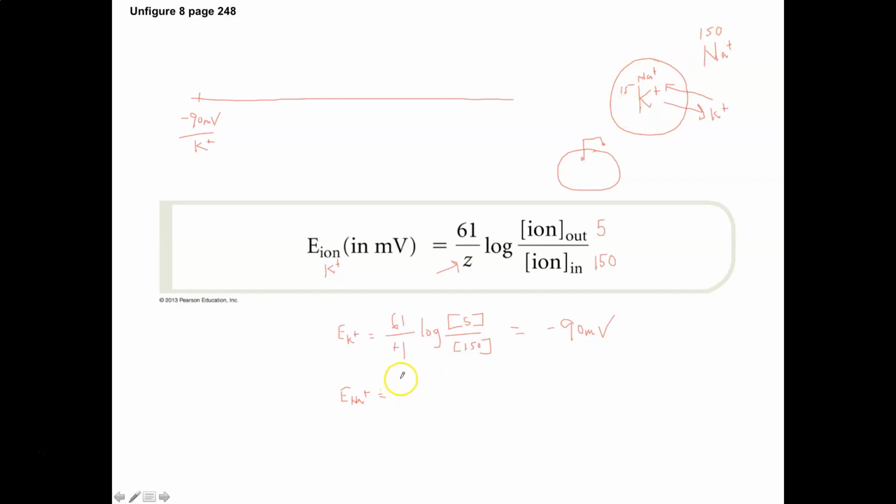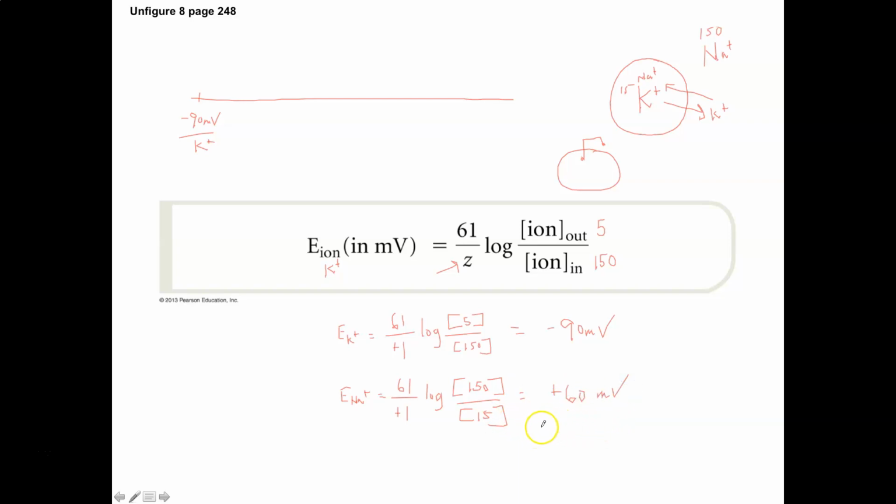So same equation, 61, divided by the charge, same charge because sodium is also a +1, times the log, concentration outside, 150, concentration inside, 15. And so if you plug that into your calculator, you're going to get approximately plus 60 millivolts.